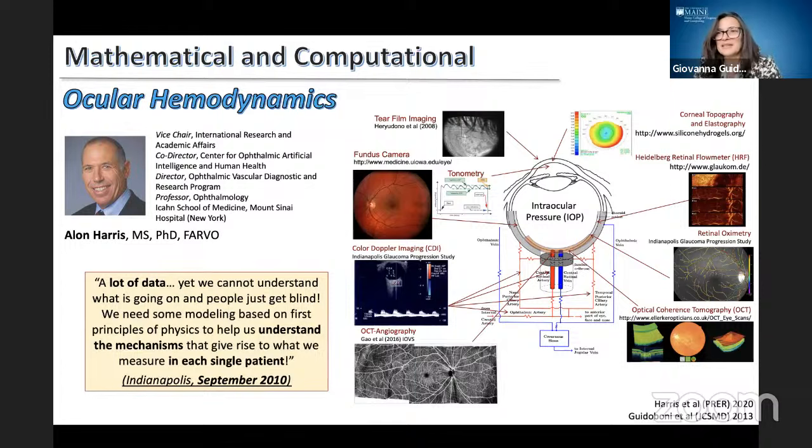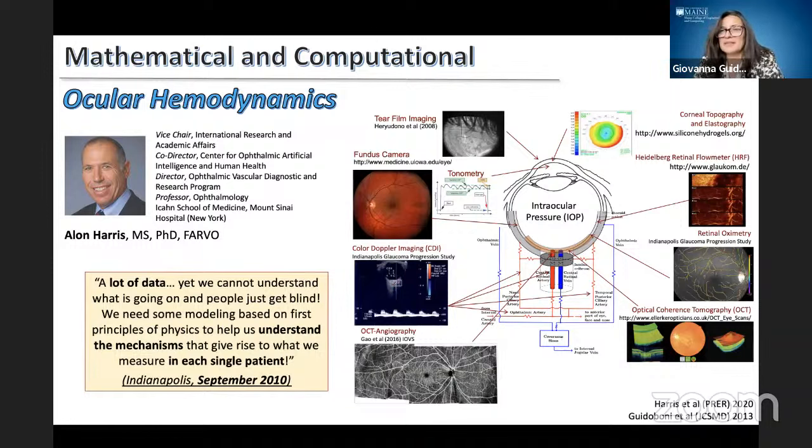So as I was listening that time to Alon explaining everything that can be measured, I was thinking, if you can already have all this data, why do you need us? And actually, he was saying, yes, we have a lot of data, and the machines continue to advance.